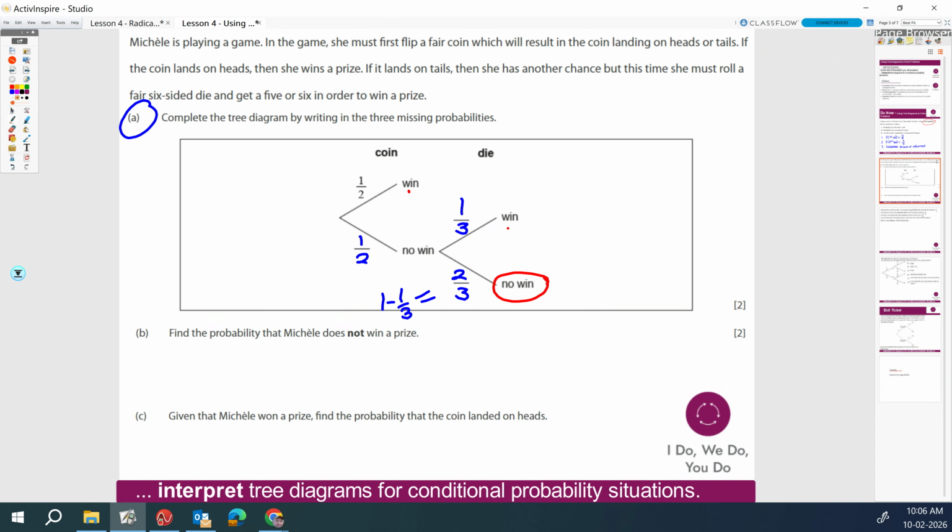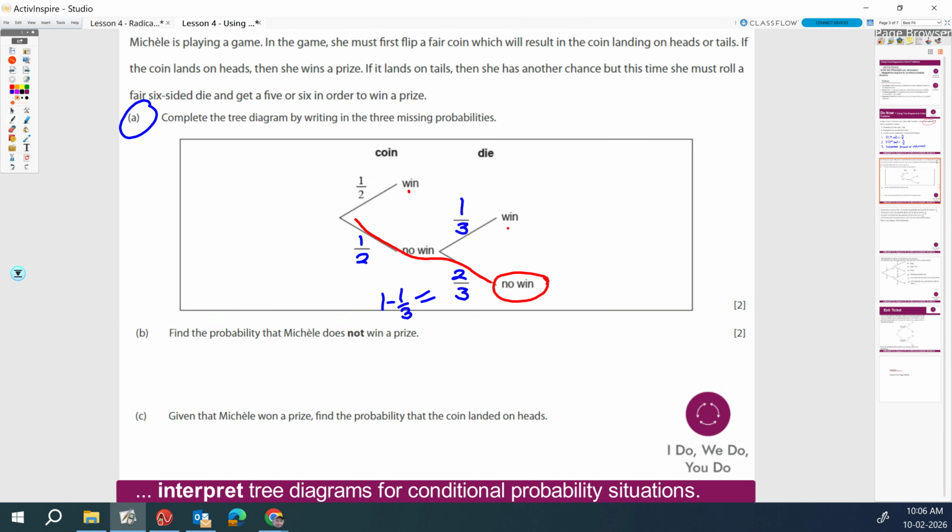To find the probability at a leaf, take all the probabilities of every branch along the way and multiply them. So to find the probability here, we come down this pathway in order to get there, take all the probabilities that we pass and multiply them.